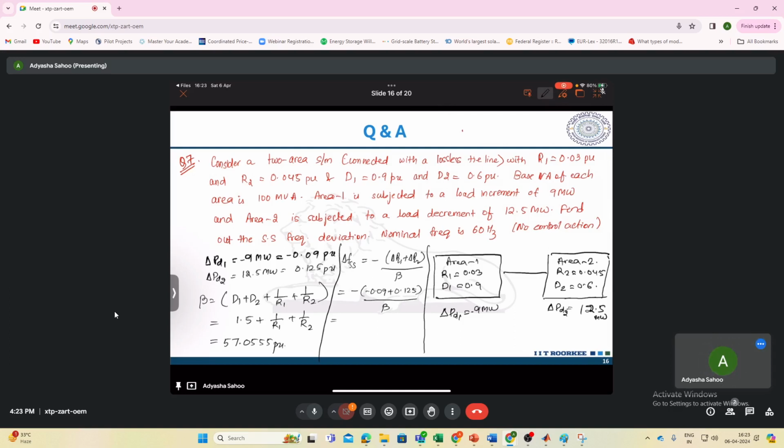So you will get this as minus of 0.00613 per unit hertz. 0.00613 into 60 will give you in hertz, which is minus 0.03681 hertz.